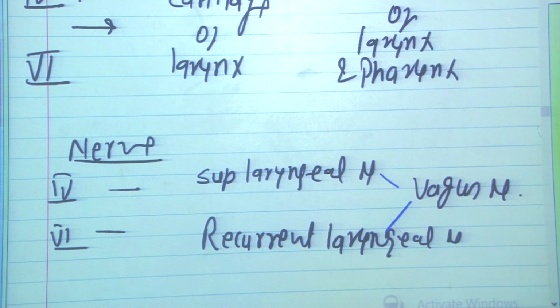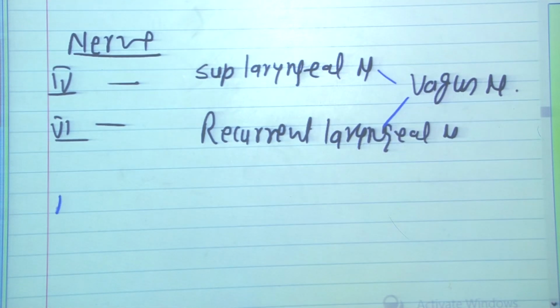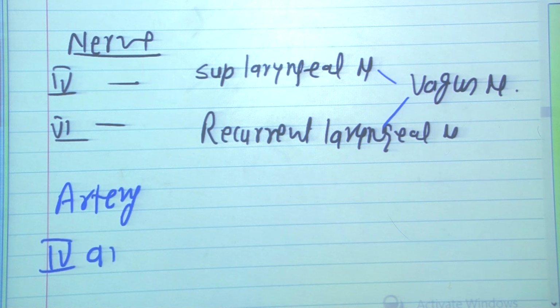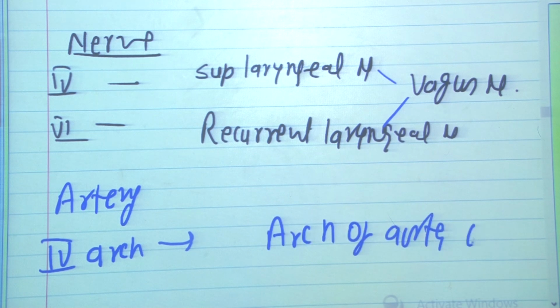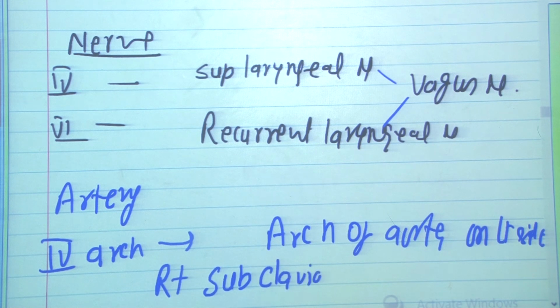The last part is the artery. Which artery develops? First fourth arch. It gives the arch of aorta on left side, and the right subclavian artery on right side.